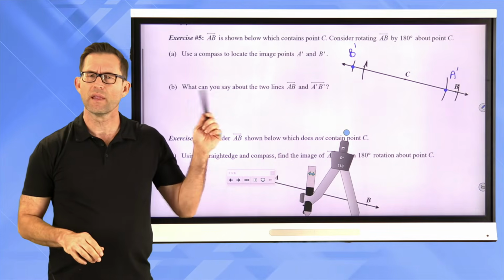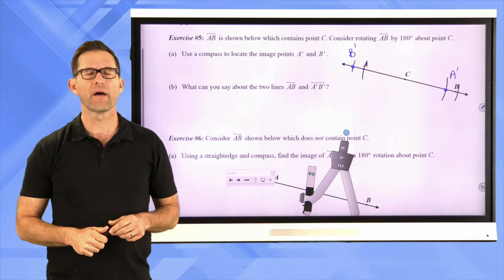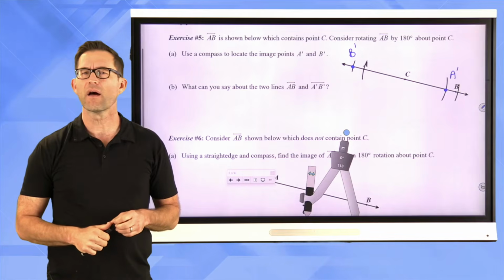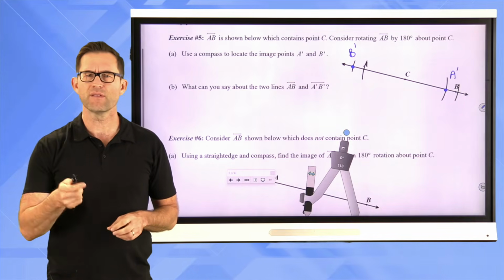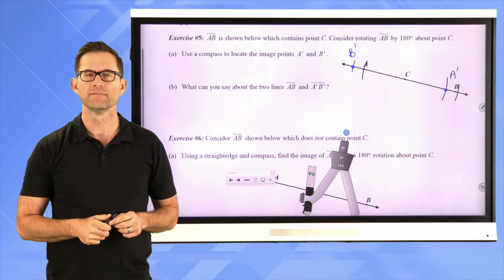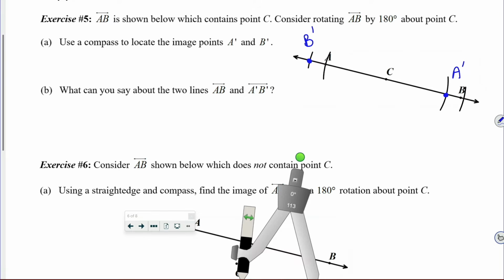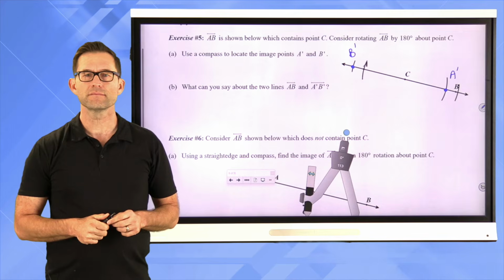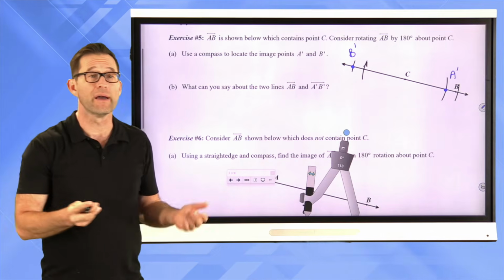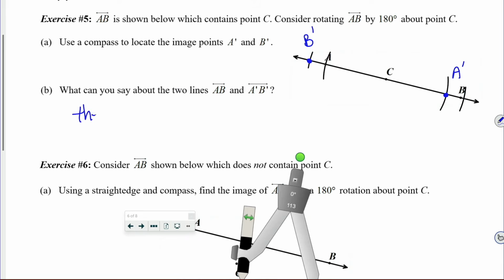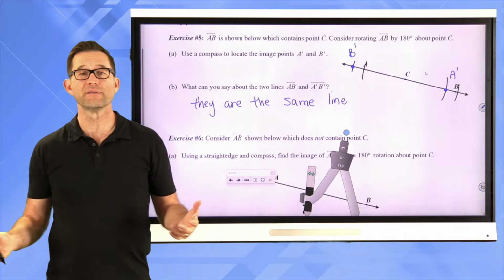So letter B, what can you say about lines AB and line A prime, B prime? Pause the video now and write something down. All right, well, they're the same line. And by the same line, I literally mean they are the same points in space.